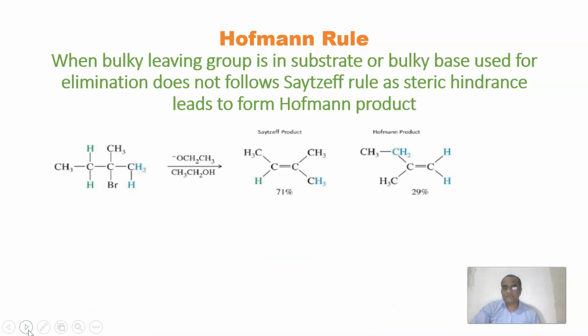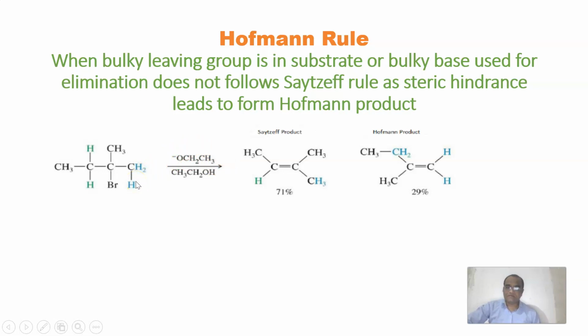I can explain with an example. Now here you can see this one is ethanol, and ethanol after removal of a proton forms a base, right? Once it forms a base, or we can say a nucleophile, it will abstract a hydrogen, right?